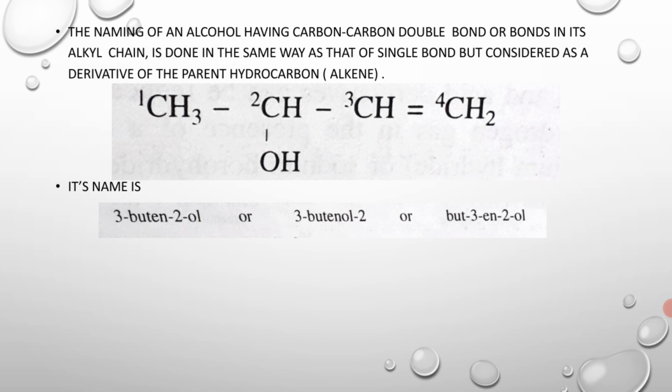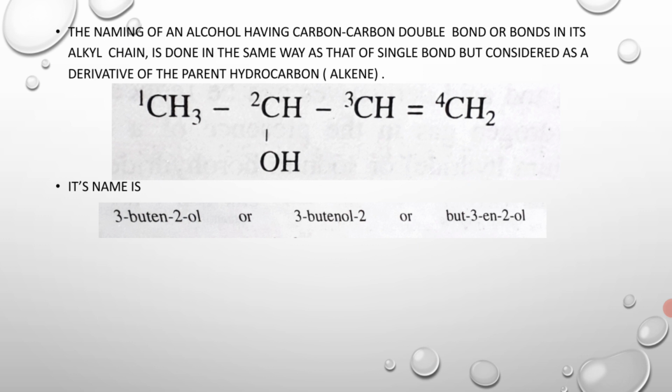But the third rule, the very important rule, gives the position of the side chain, and the hydroxyl group are indicated by numbers, that is the lowest possible number being given to the hydroxyl group. So 3-buten-2-ol, because the 2 carbon is attached with the hydroxyl group.